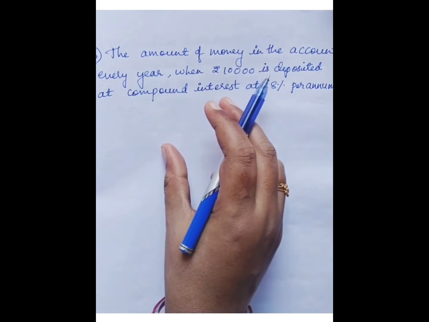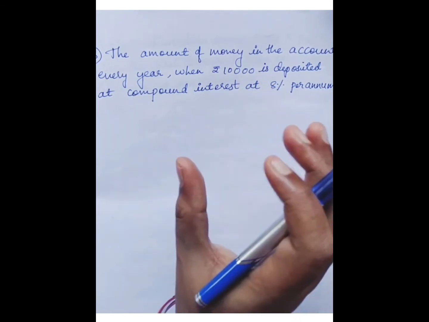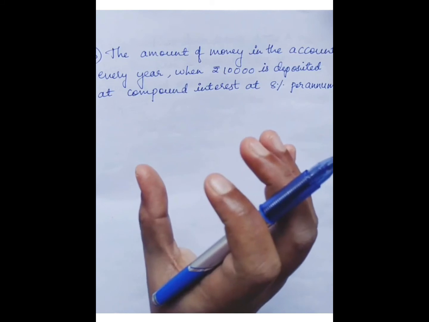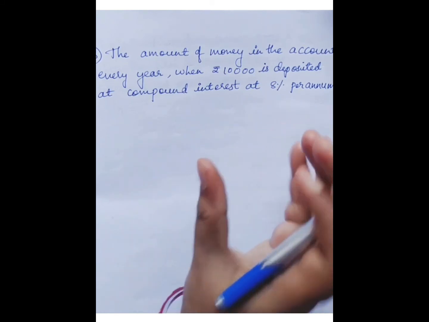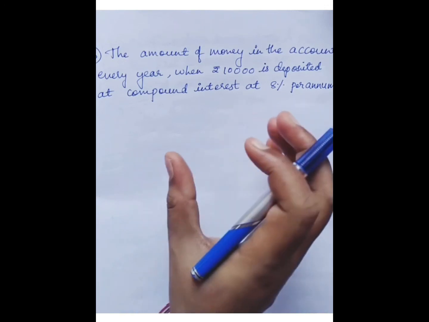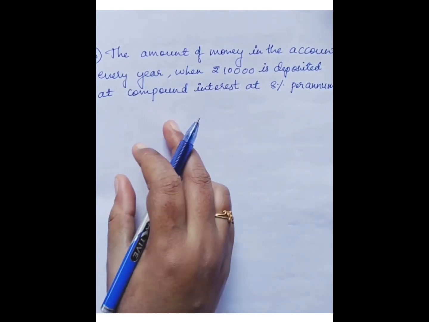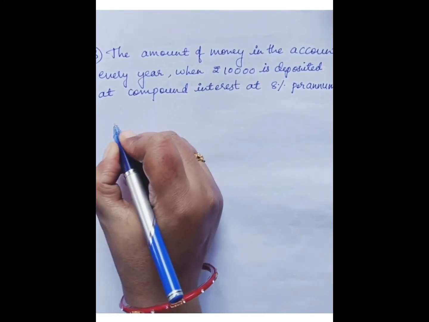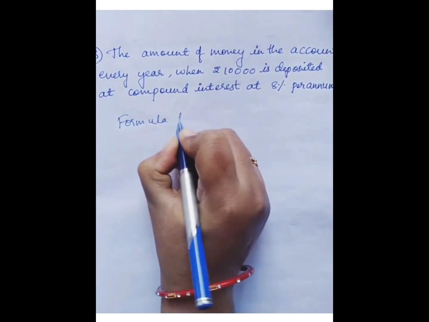What is compound interest? For the amount you are paying, you are going to get some interest. Interest means some amount. Suppose 8% means some amount of 10,000 extra you are going to get every year. Now the formula to find compound interest, let me write it here.